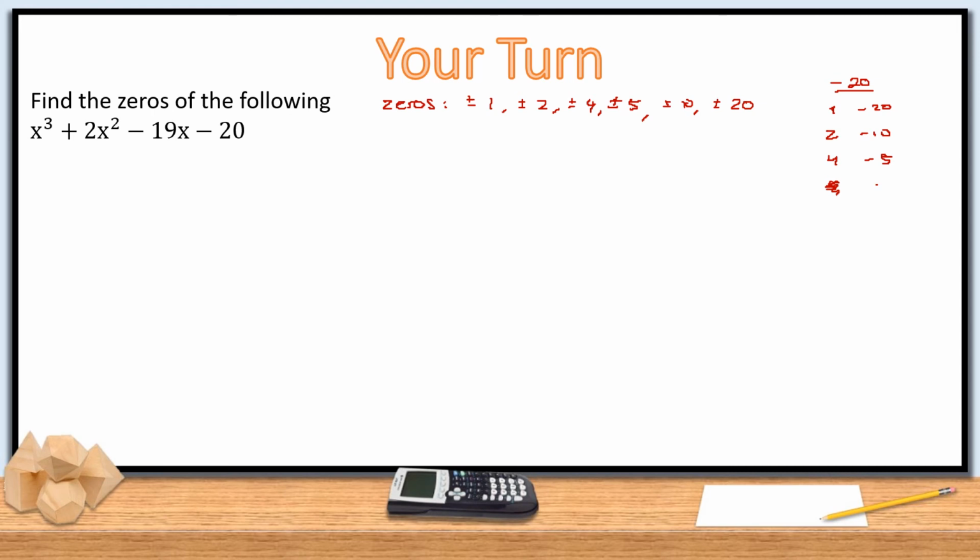So let's make our table. We've got 1, 2, negative 19, negative 20, m over n. On the left column, I'm just putting in possible zeros. I'm going to start close to 0 itself, so minus 1 and positive 1, minus 2, positive 2.